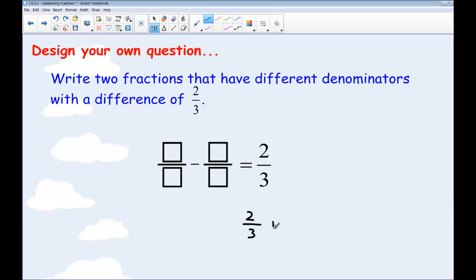Then I would add any fraction I want, but I want to add a fraction, of course, that has a different denominator. So let's say I decide to add 5/2. So following what we worked on last day, our common denominator will therefore be 6.